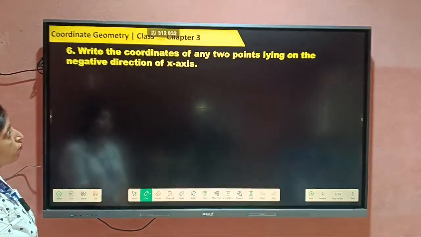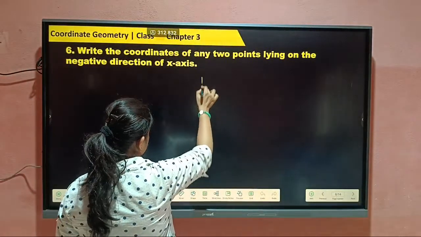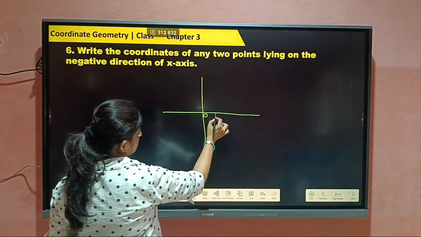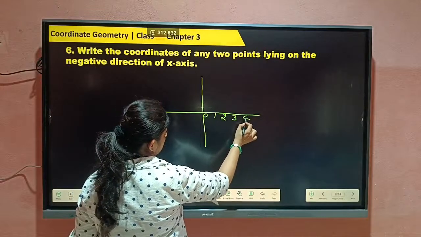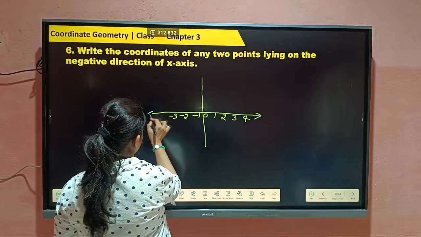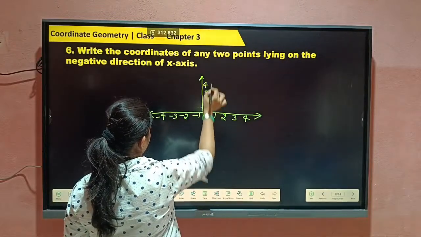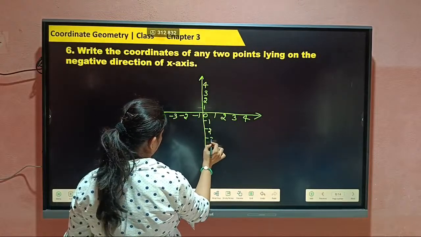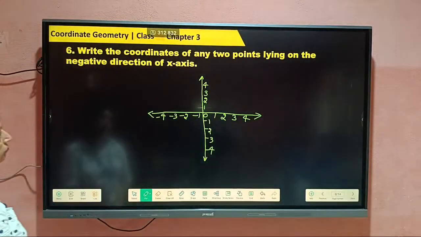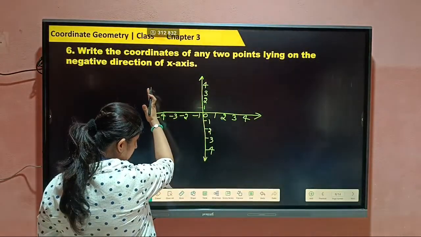Negative direction of the x-axis means what? Any point you can take. Negative direction means we take this side.